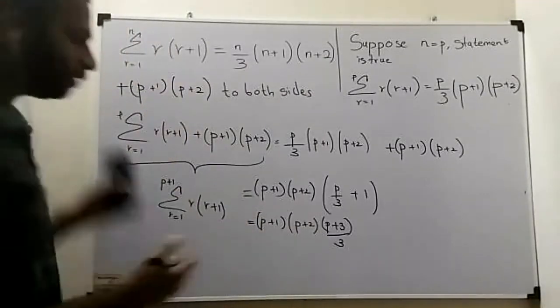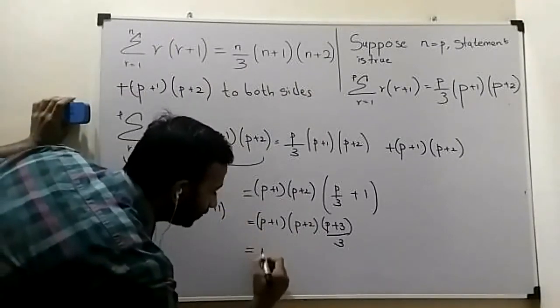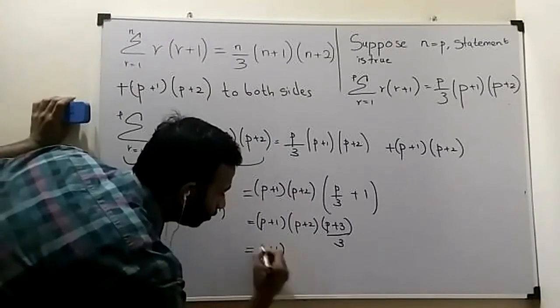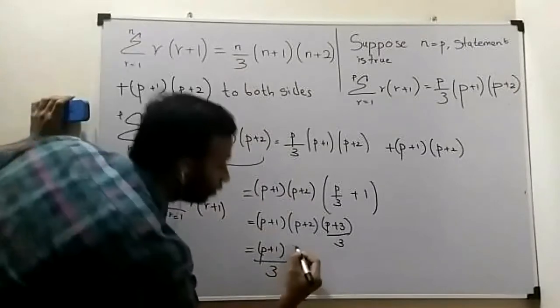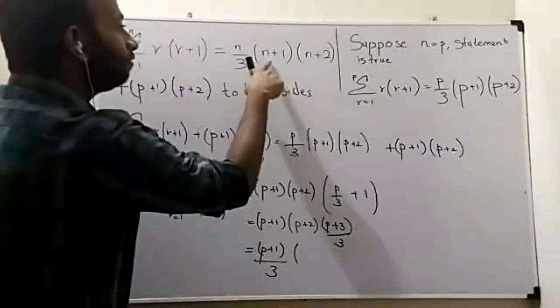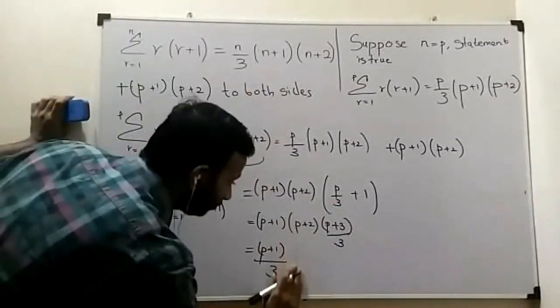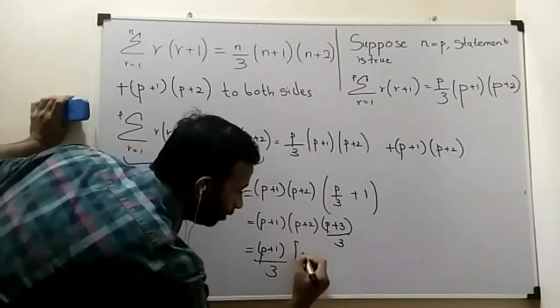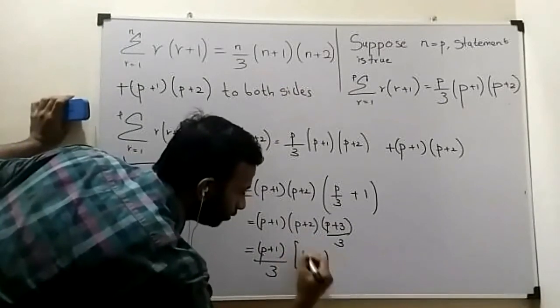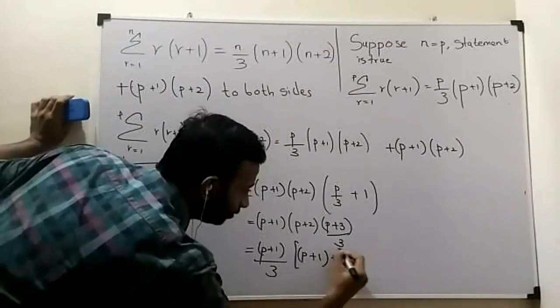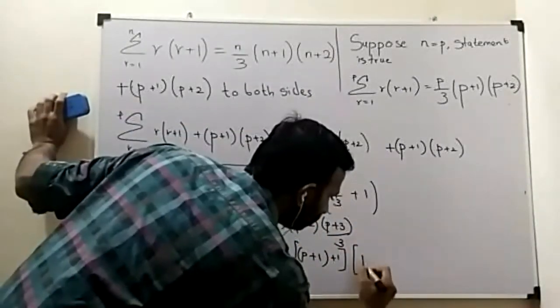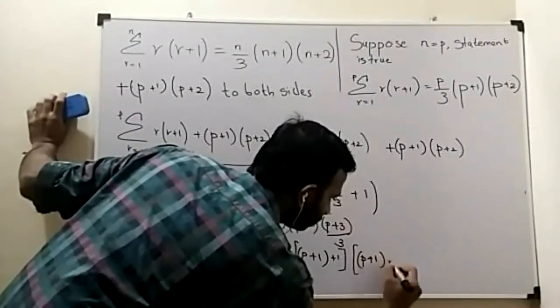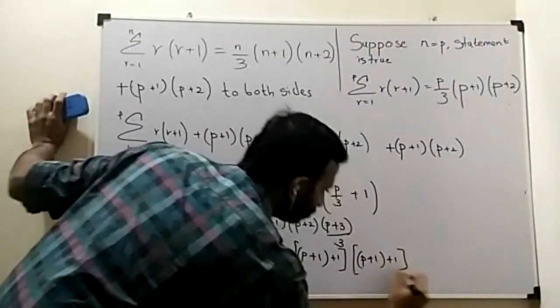Just to make it more clear, I'll write it again. So we can say P plus 1, where n is there, I put P plus 1. And then, once again, when n is there, I put P plus 1. So P plus 1 plus 1 can be written as P plus 1 plus 1, and then P plus 3 can be written as P plus 1 plus 2.